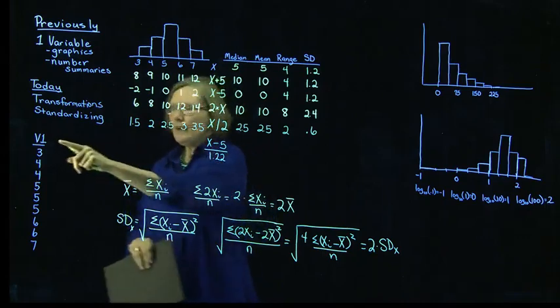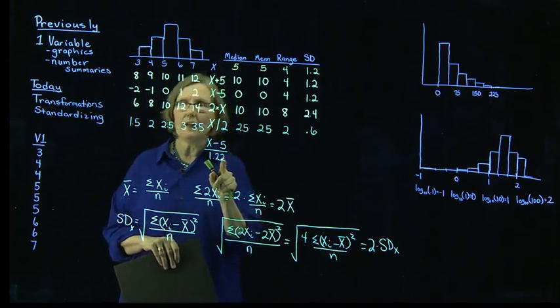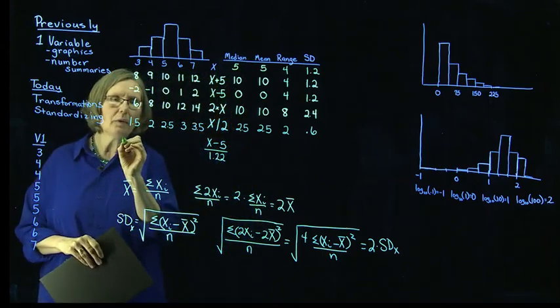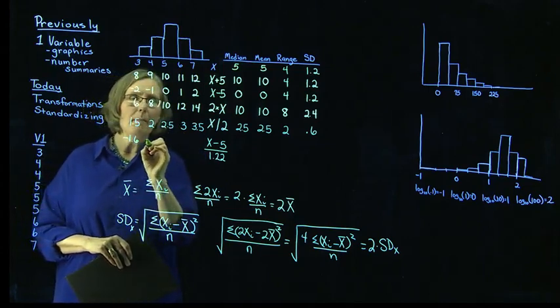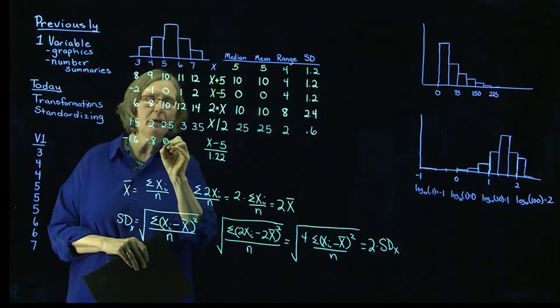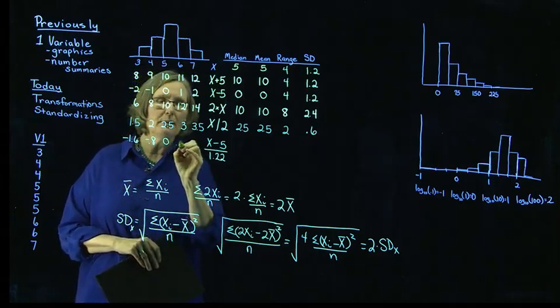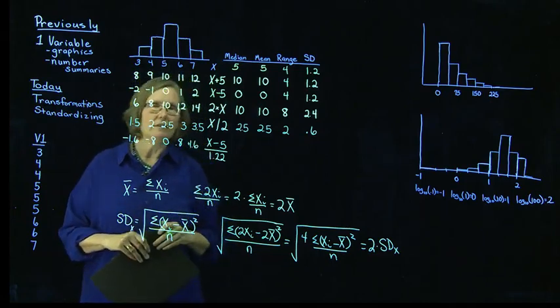If we standardize our original variable by subtracting the mean and dividing by the standard deviation, we end up with minus 1.6 for 3, minus 0.8 for 4, 0 for 5, plus 0.8 for 6, and plus 1.6 for 7.